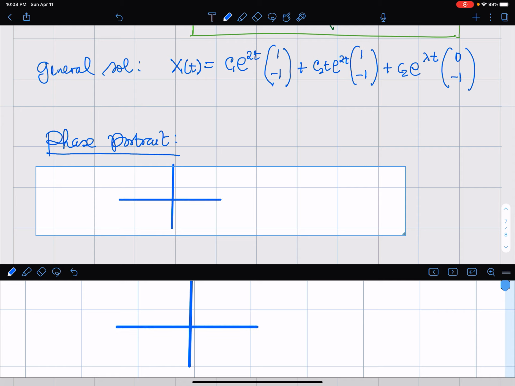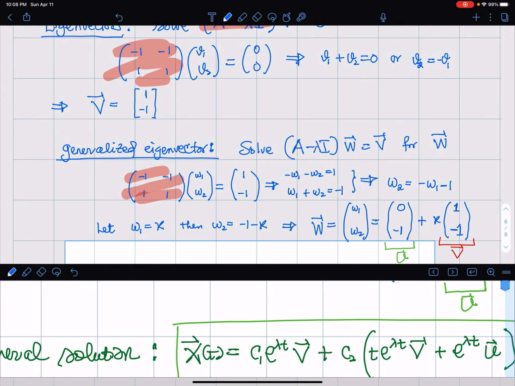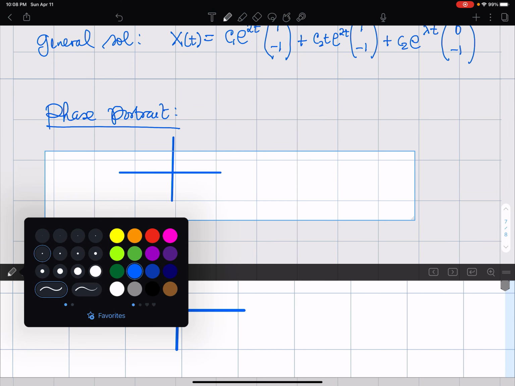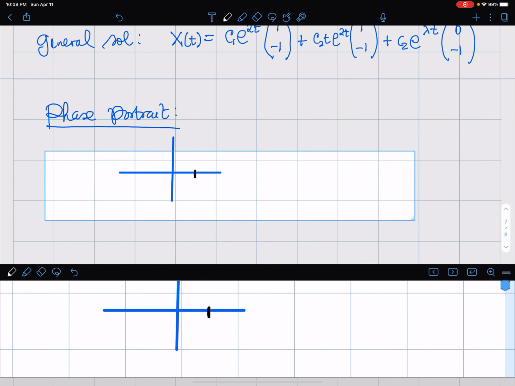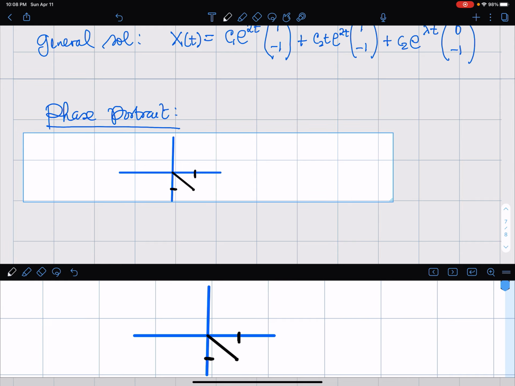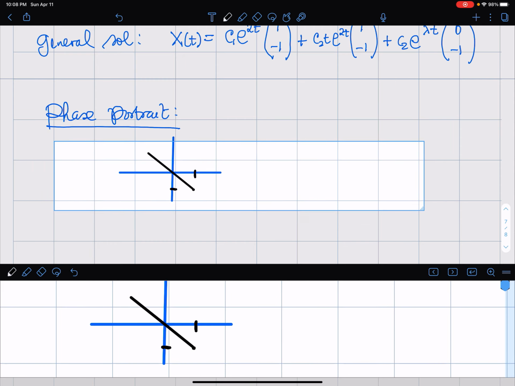So the eigenvector is 1, negative 1. So we have this point over here. We're going to connect a line. So our eigenvector lives on that line.